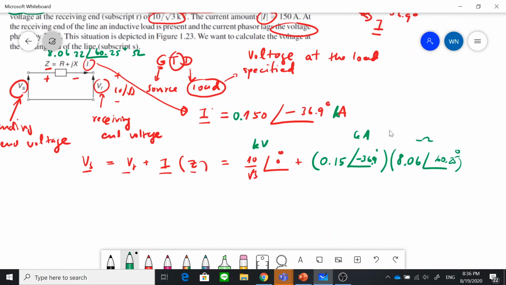Now the nice thing about having these two quantities in polar form is that you can multiply the magnitudes together, and for the angle you get the sum of the two. I will leave this for your own calculation, so you would get the polar form of the voltage. You need to answer in polar form, because when you measure the voltage with your meter, you measure the magnitude of the voltage.